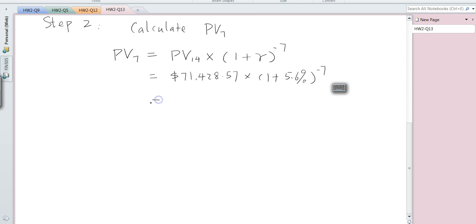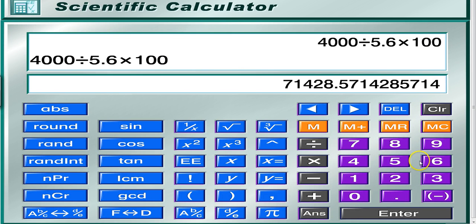So just plug this into my calculator. I have this number already, so times parentheses 1 plus 5.6. I don't have a percent sign, so I need to divide it by 100.